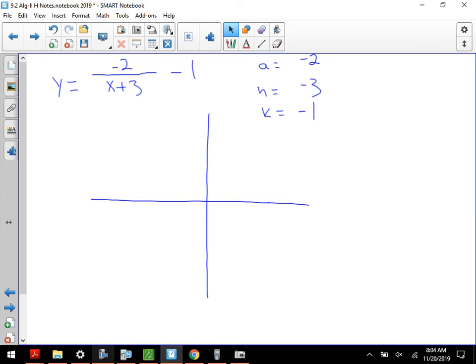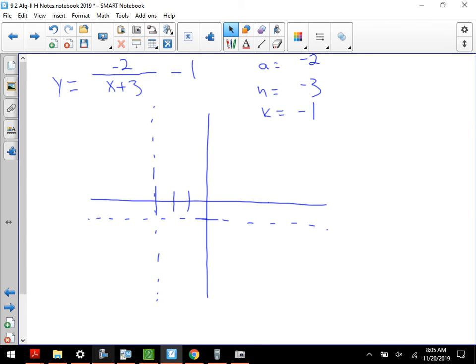Generic XY grid. We have a vertical asymptote at -3. That's a dotted line there. And then you have a horizontal asymptote at -1. So basically, I've just shifted my x and y axis, 0, 0, over to -3, -1. And that's my new boundary spot, both sides.